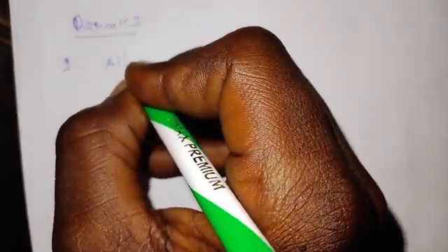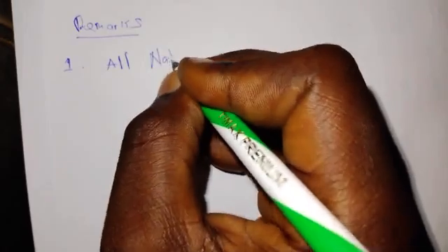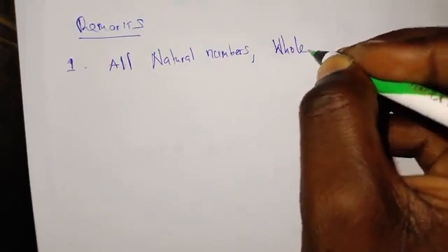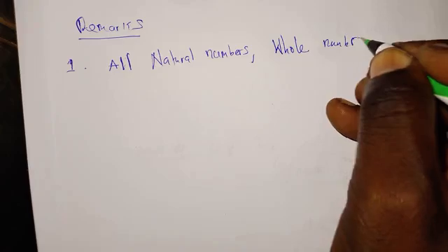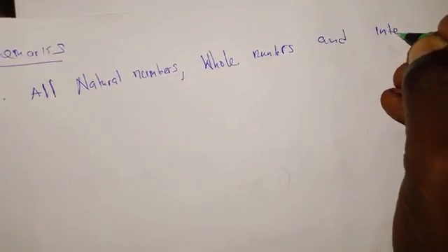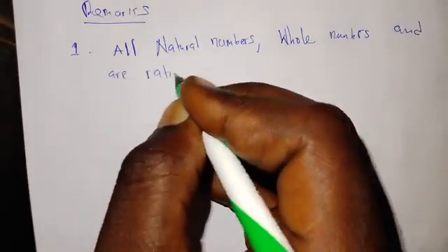The first remark we can have is that all natural numbers, whole numbers and integers are rational numbers.